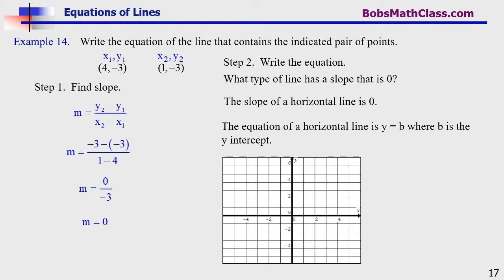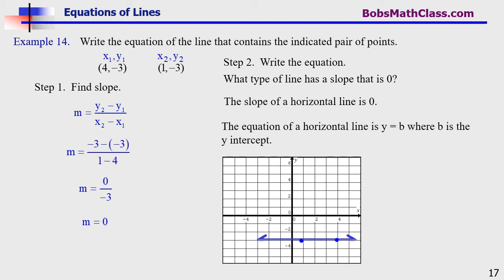So let's plot those 2 points. So let's plot the first point, 4, -3. So go over 4 and then down 3. Right there. Okay, and then 1, -3. So go over 1 and then down 3. About right there. A little bit off. That's okay. Now draw a line through those points.